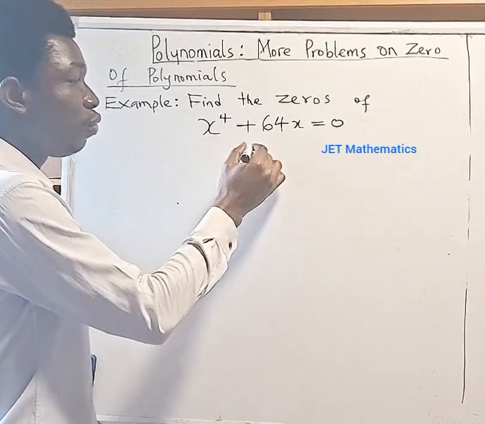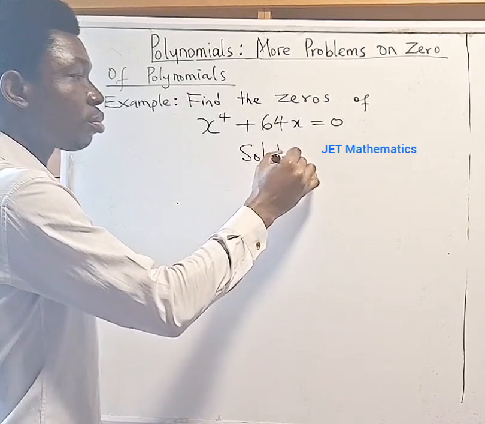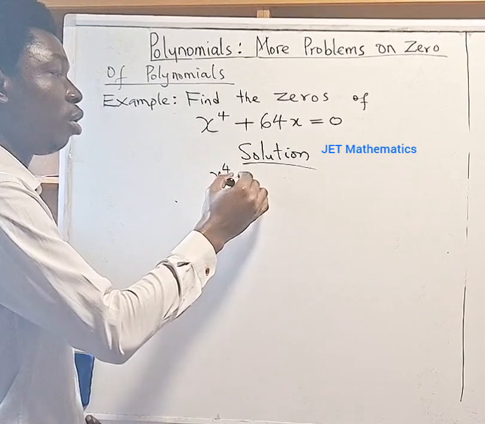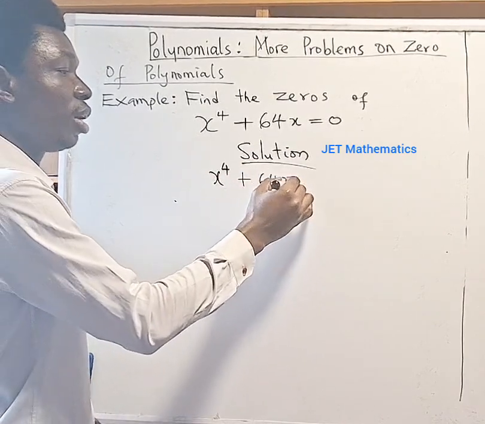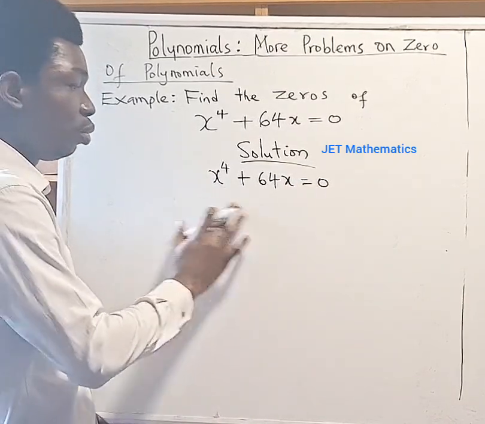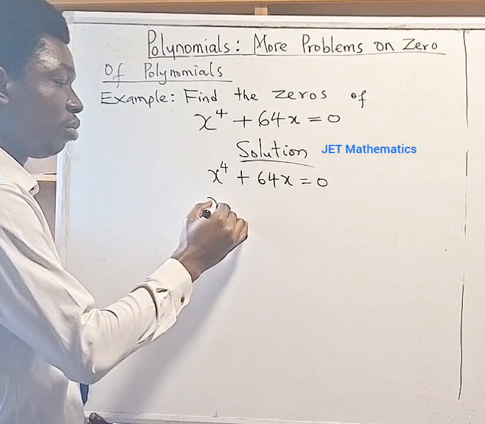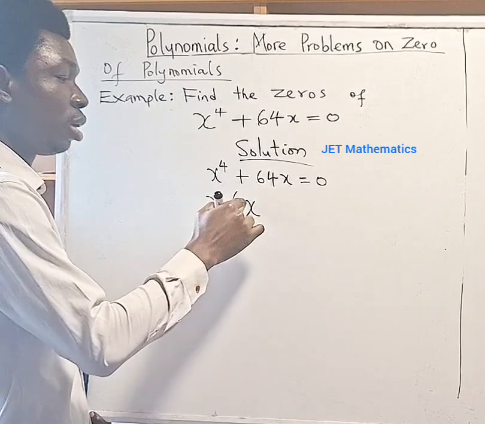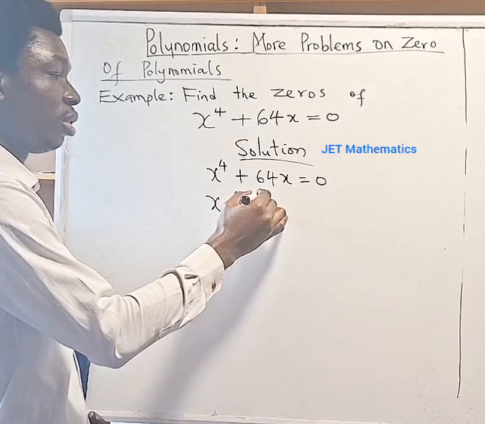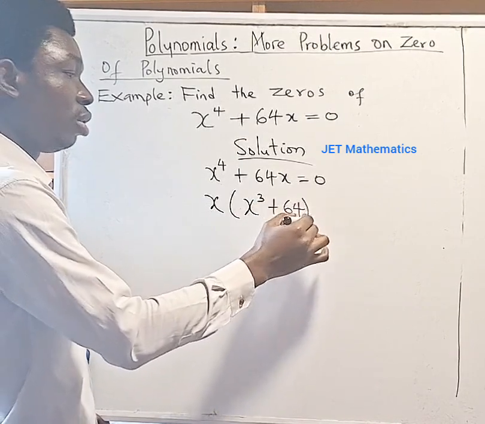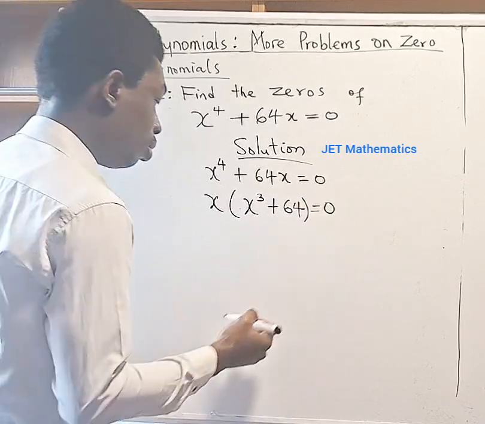So all you need to do for this problem, we have x raised to the power 4 plus 64x equals 0. We'll try to factorize this. So when we factorize, we'll have x, and then x raised to the power of 3 plus 64 is equal to 0.